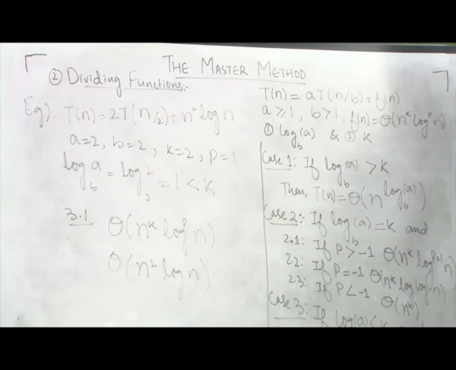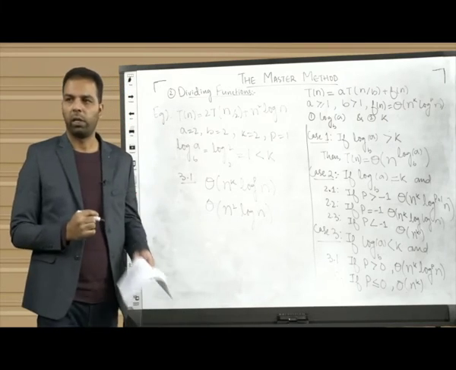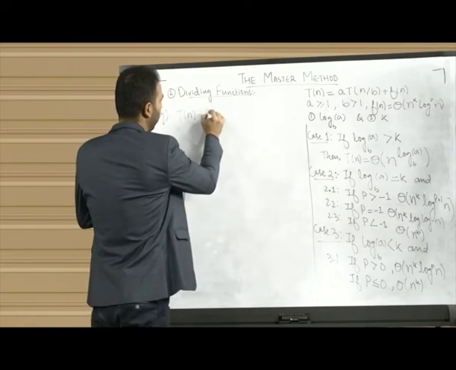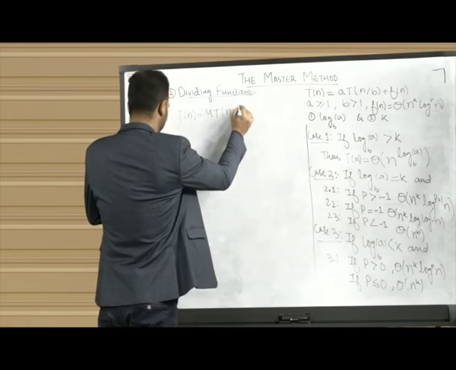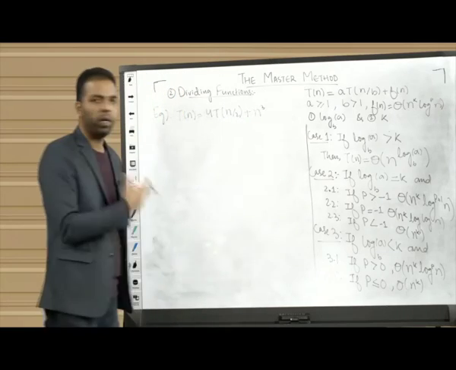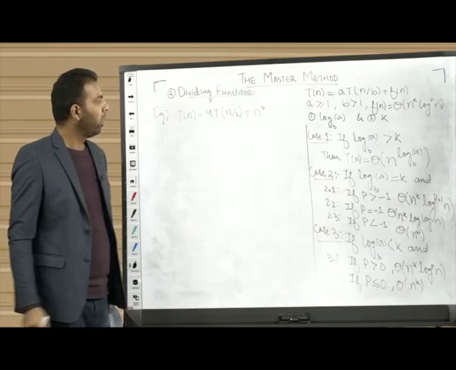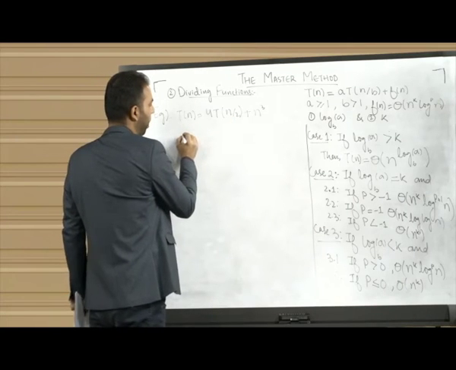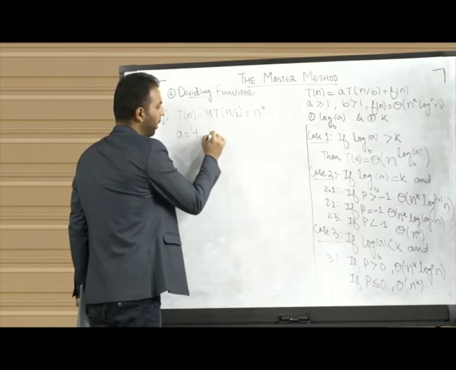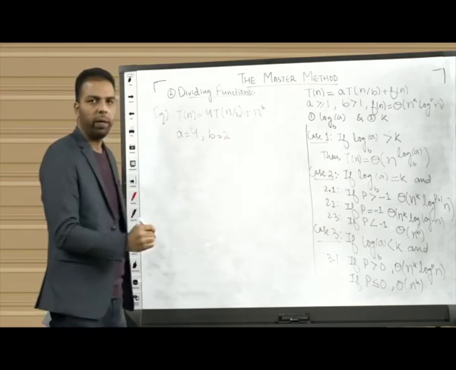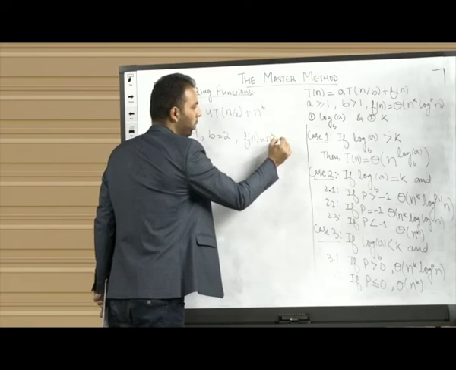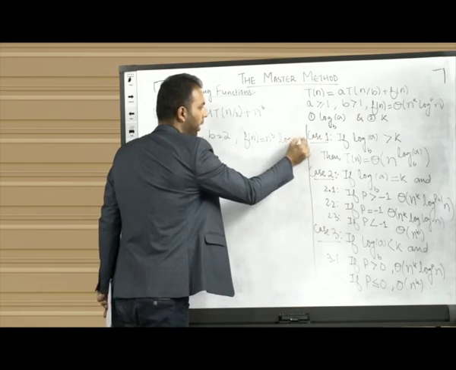Now we'll see a last example for this Master's theorem. If we have T(n) = 4T(n/2) plus n cube, we have a recurrence of this form. We can see here a is equal to 4 and b is equal to 2, and f(n) is equal to n cube log of n raised to the power 0.